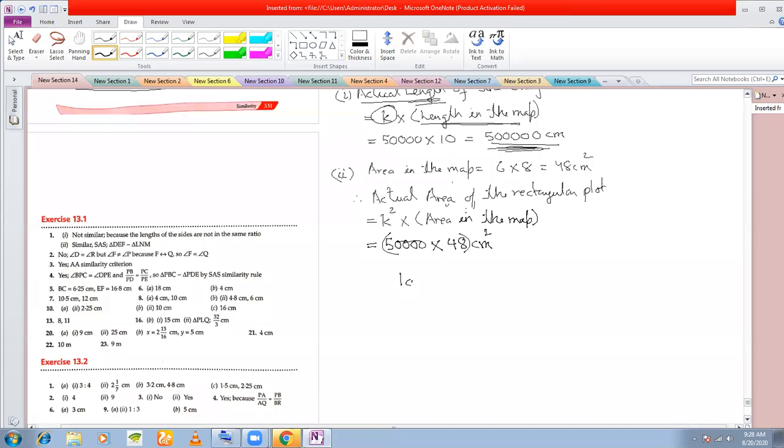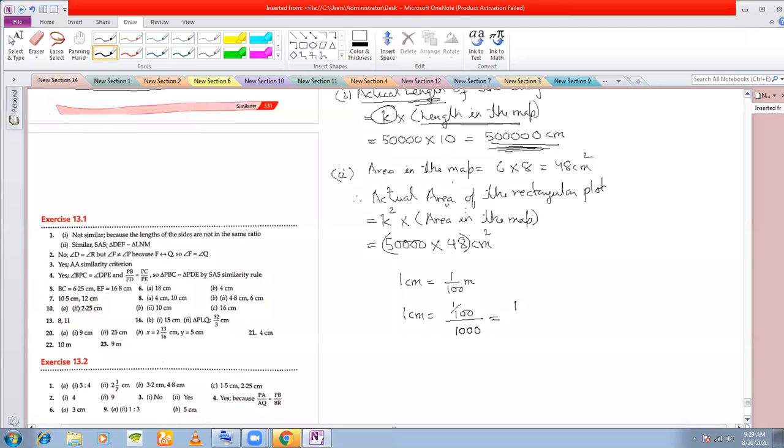Now, 1 centimeter is equal to 1 by 100 meters, isn't it? Therefore, 1 centimeter, this you convert to kilometers. 1 by 100 meters, if you convert to kilometers, you have to divide this by 1000.